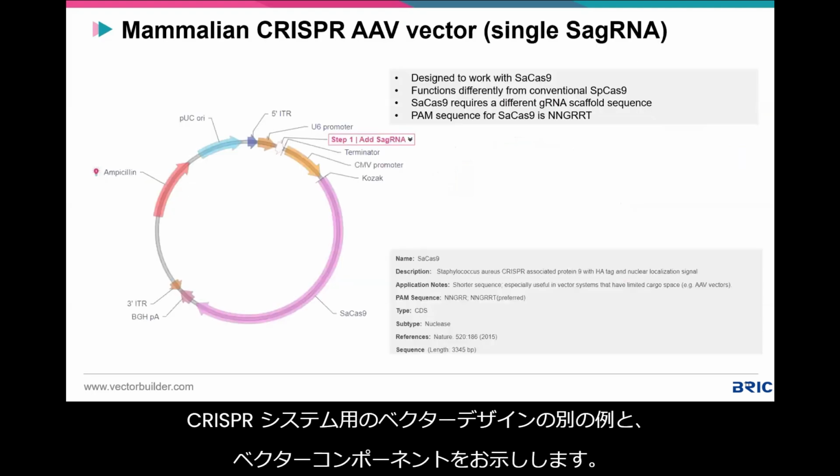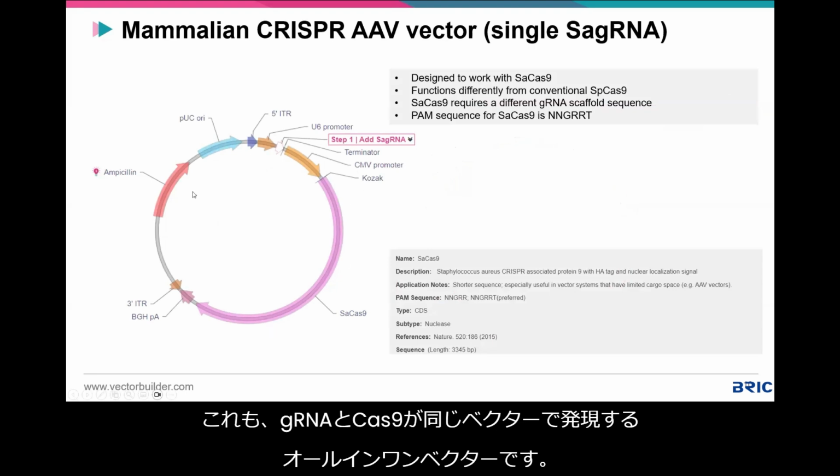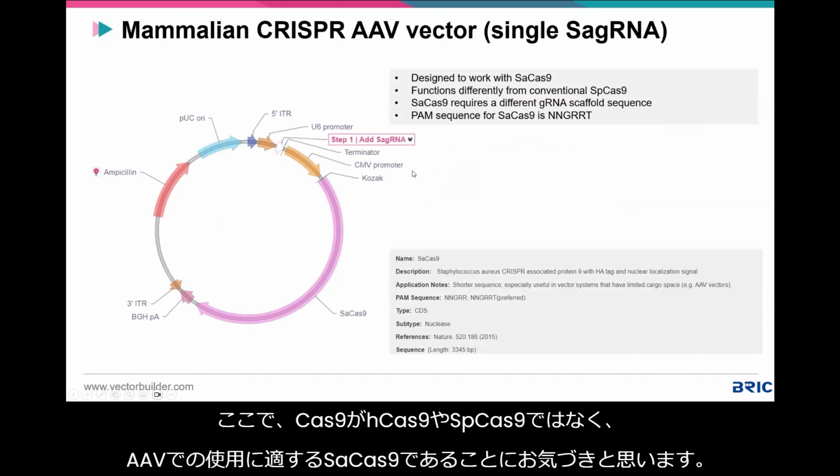This is another example of designing the vectors and the vector components for the CRISPR system. What I'm showing here is an AAV vector, and this is a single guide RNA AAV vector. This is also an all-in-one vector where guide RNA and Cas9 are expressed in the same vector. You will notice that here the Cas9 is not SpCas9, it's SaCas9, which is specific to work with AAV.